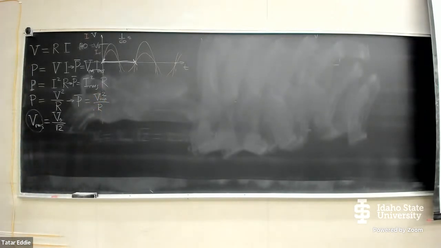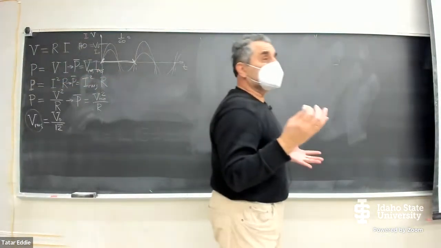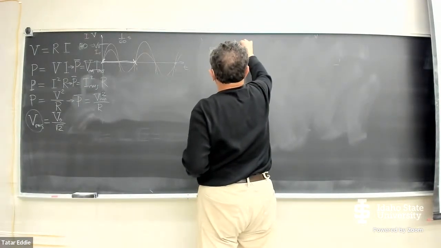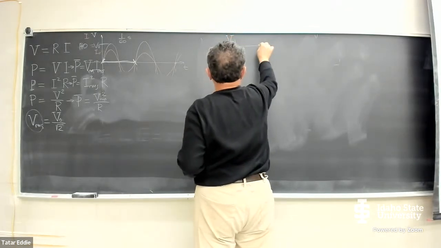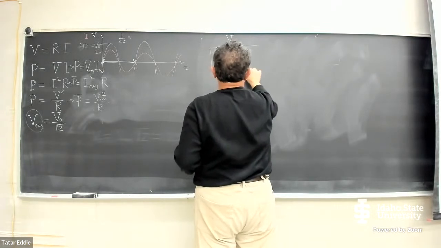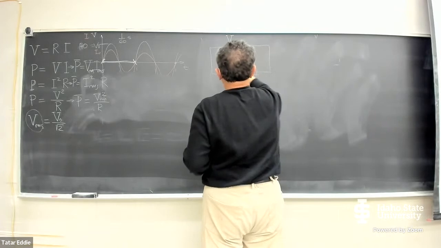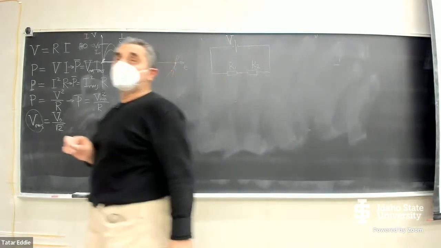So you've got the idea here. Now let's go to a simple DC circuit. You have a DC voltage provided by some batteries, and let's say that you have 2 resistors connected in the way shown here, resistor R1 and resistor R2.